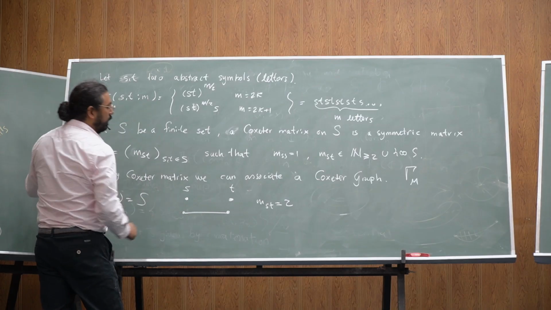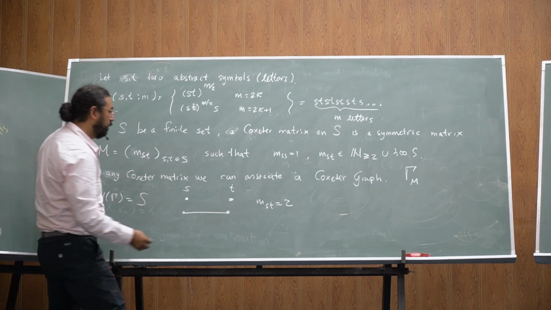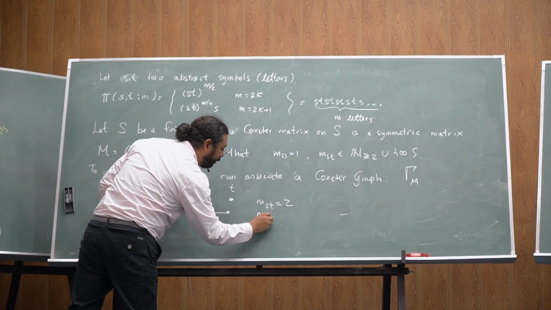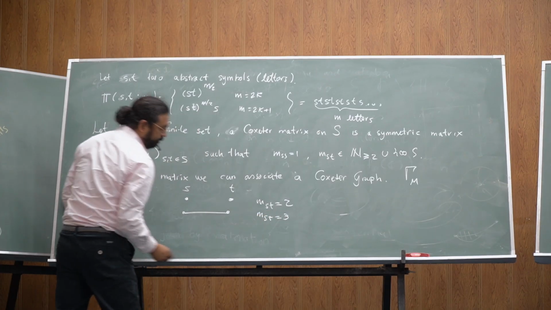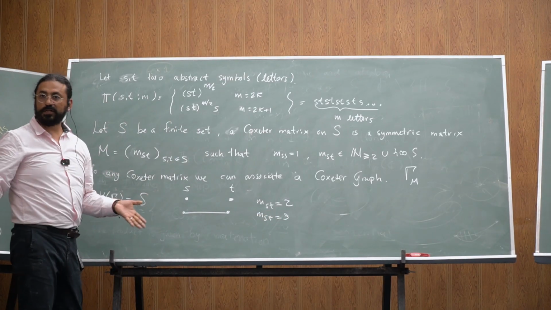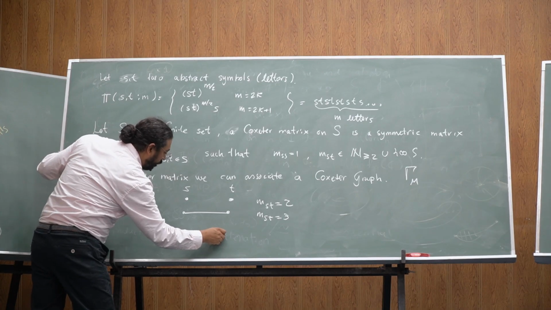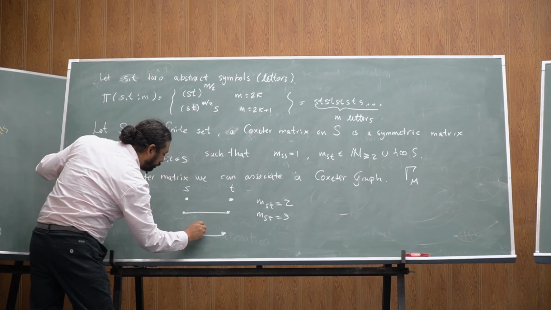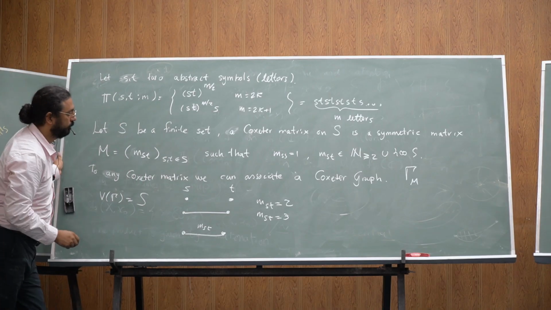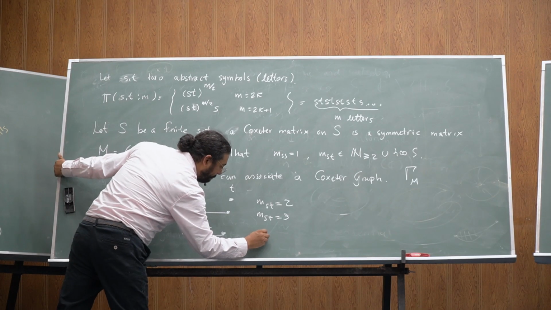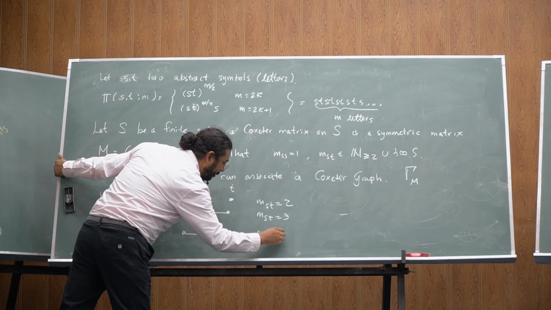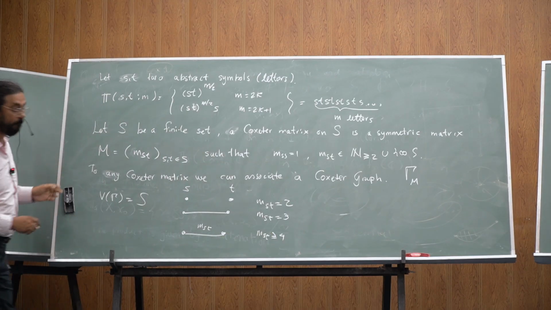We will put a simple edge if M_ST equals 3. And in all the other cases, we will label it. Okay?